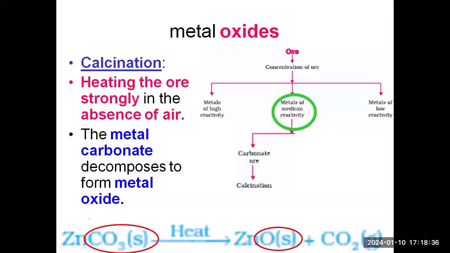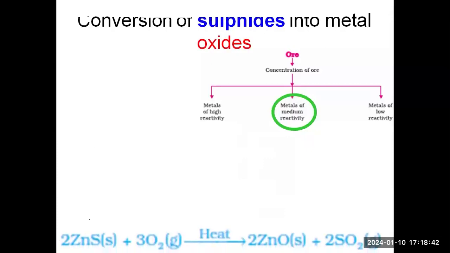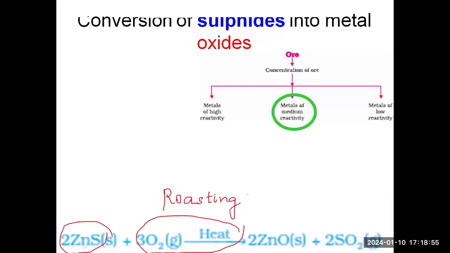Now we converted carbonate into oxide. Let us see what we do to the sulfide ore. This is zinc sulfide in front of you. You are heating this in the presence of oxygen. So it is roasting. A few slides back we discussed heating in the presence of oxygen is called roasting.